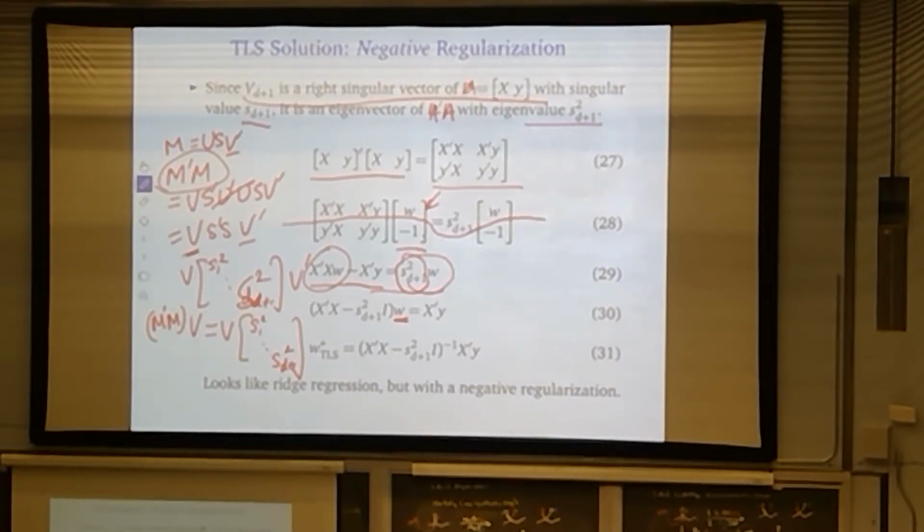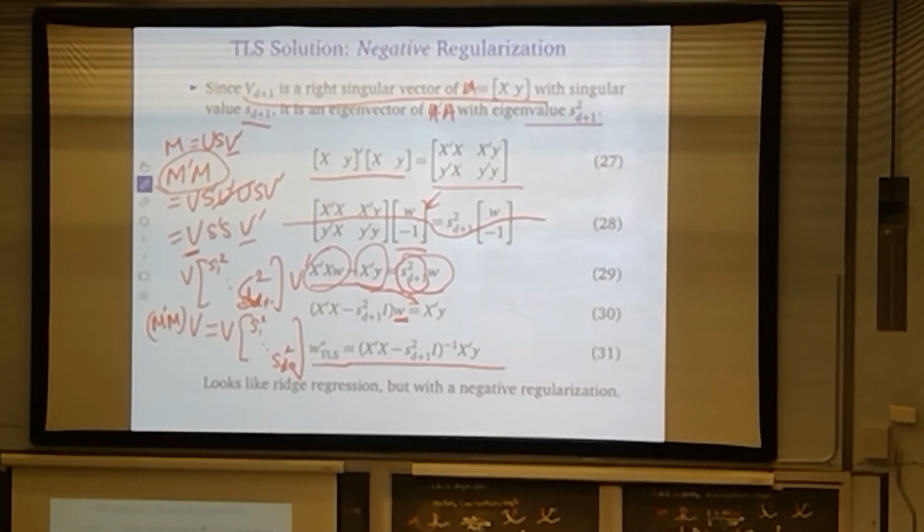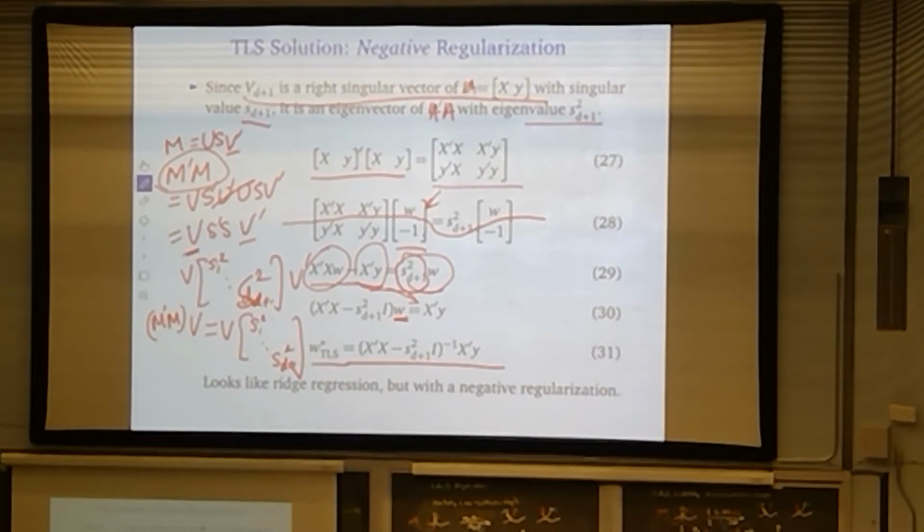So it becomes X transpose X minus SD plus 1 squared I, and you move this constant to the right side. And now we have a form of the TLS solution. It's X transpose X minus SD plus 1 squared I, the matrix inverse, times X transpose Y. Okay? If the inverse exists, we have such a form.